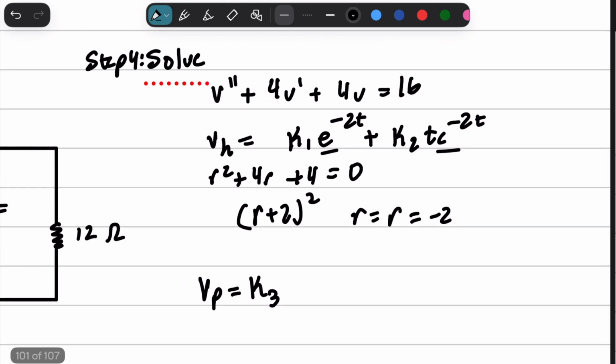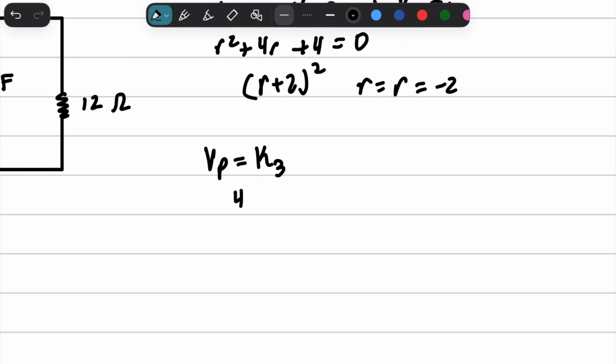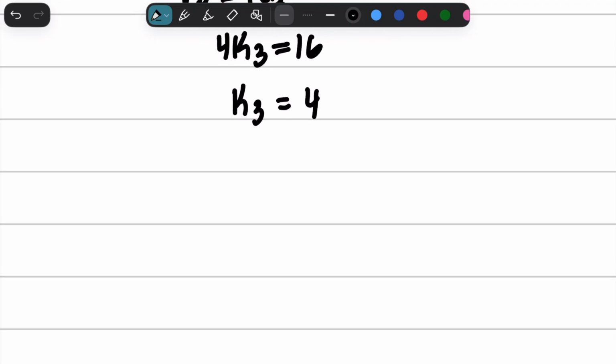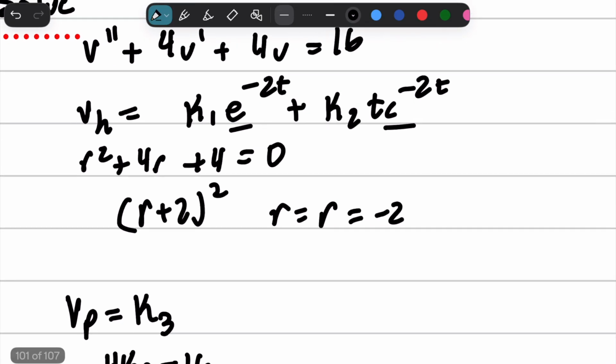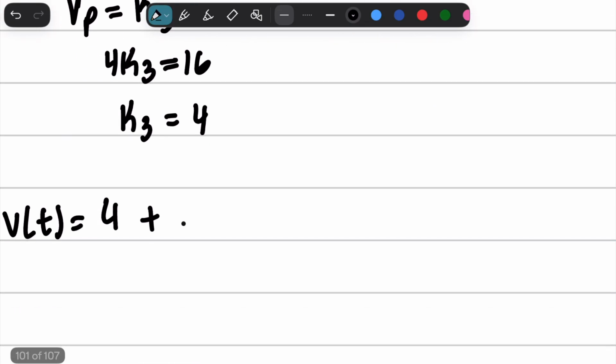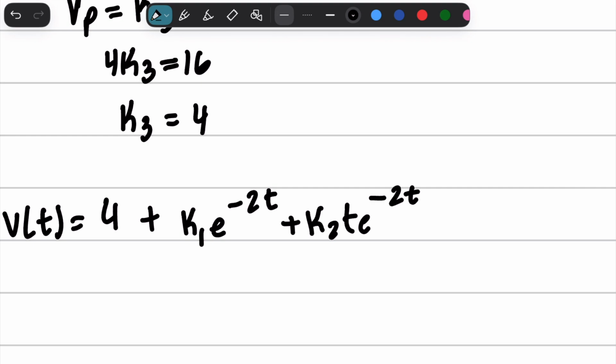And that's just going to be 4K3 is equal to 16. And so we get K3 is equal to 4. Now we know what our full V of t is going to look like. It's going to look like 4 plus this guy right here, K1 e to the -2t plus K2 t e to the -2t.